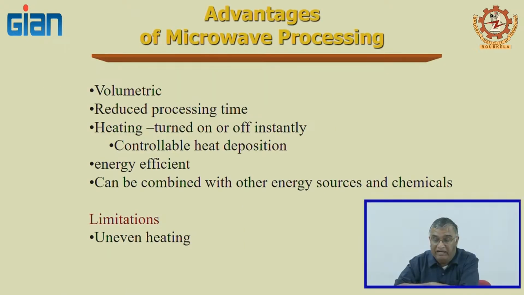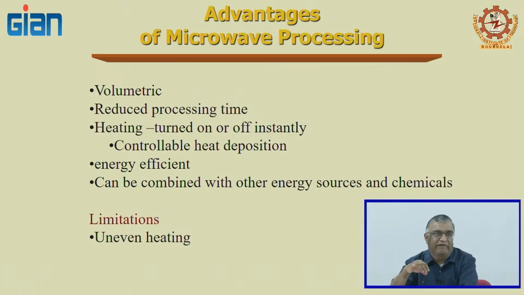Now, what are the benefits of microwave processing? It is volumetric. That means whether you have a small particle or a big particle, you are able to heat them together. You can reduce the processing time. When you do heat transfer with a heat exchanger, you are heating a product, the material is hot, and it is difficult to turn off the heat immediately and cool the product down.